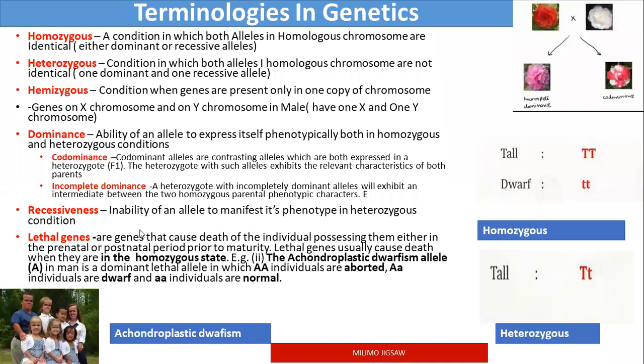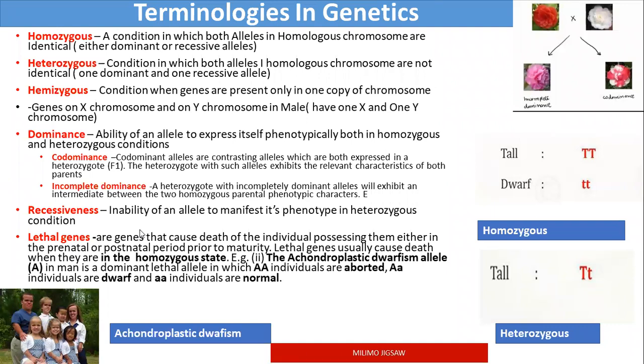If an individual is homozygous dominant, the individual is going to die before birth, so it's actually aborted. A heterozygous individual, having a capital A and a small letter a, is going to be dwarf. An individual that is homozygous recessive is going to be normal.